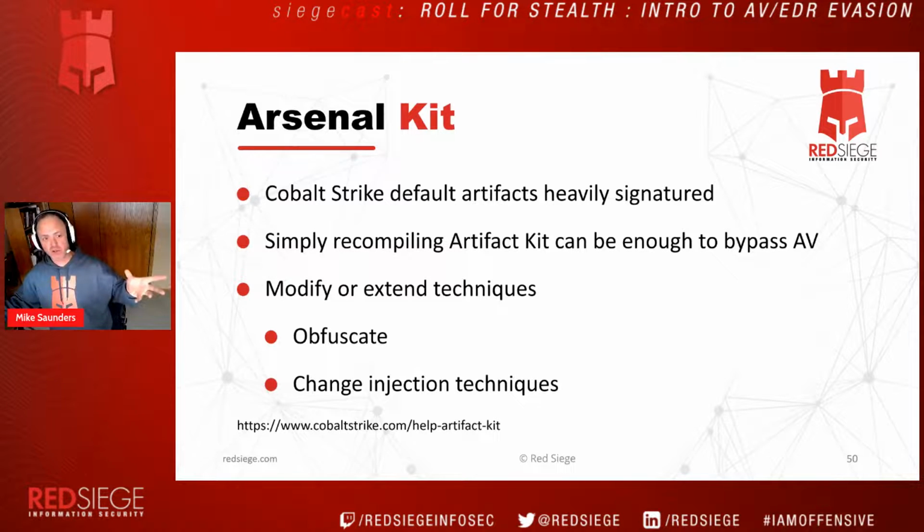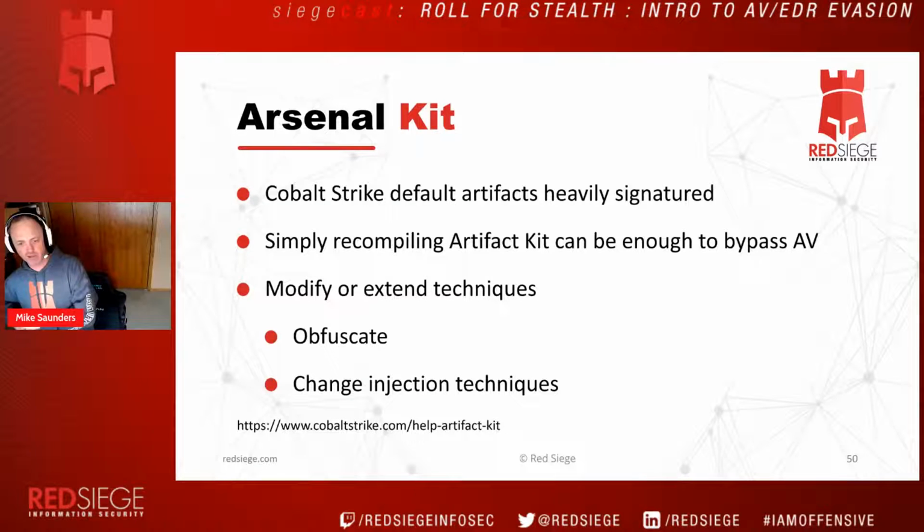If you're using Cobalt Strike still, know that there are some changes that you should make that can help you here. Simply recompiling the artifact kit, or what's now the arsenal kit, can be enough to get you around some janky AV. But know that you can extend it quite a bit and modify how it works.